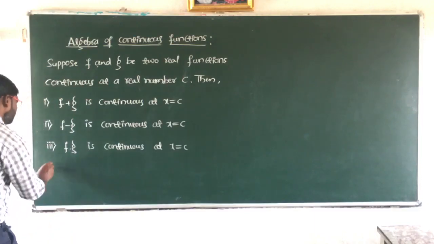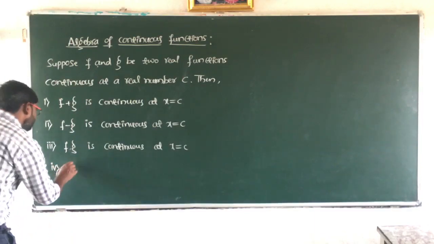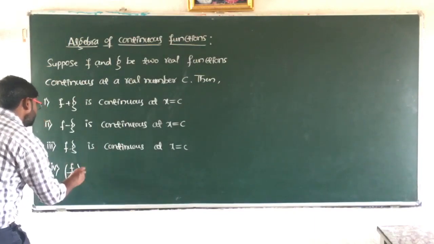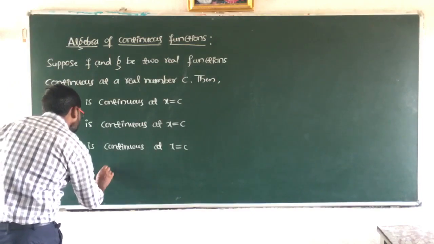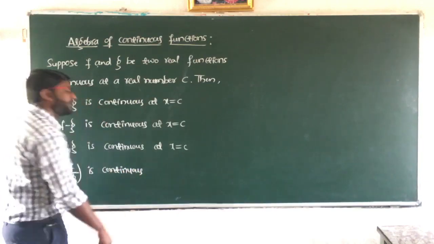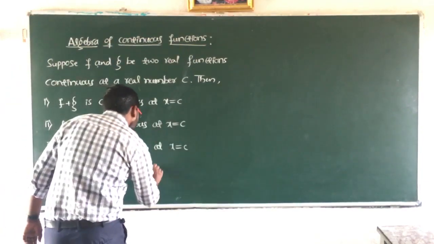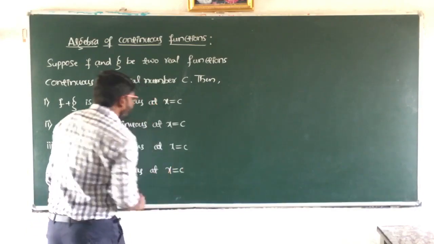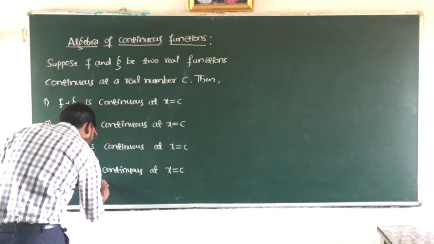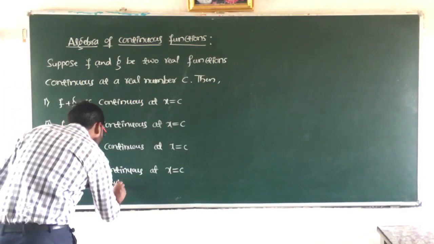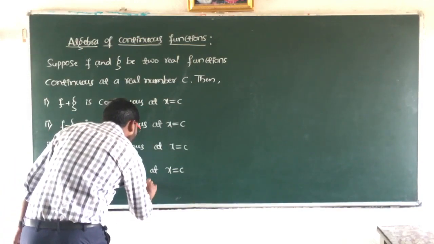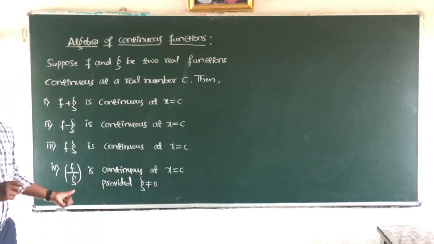Then the last one, f by g is continuous at x equal to c, provided g not equal to 0, that means the denominator should not be equal to 0.